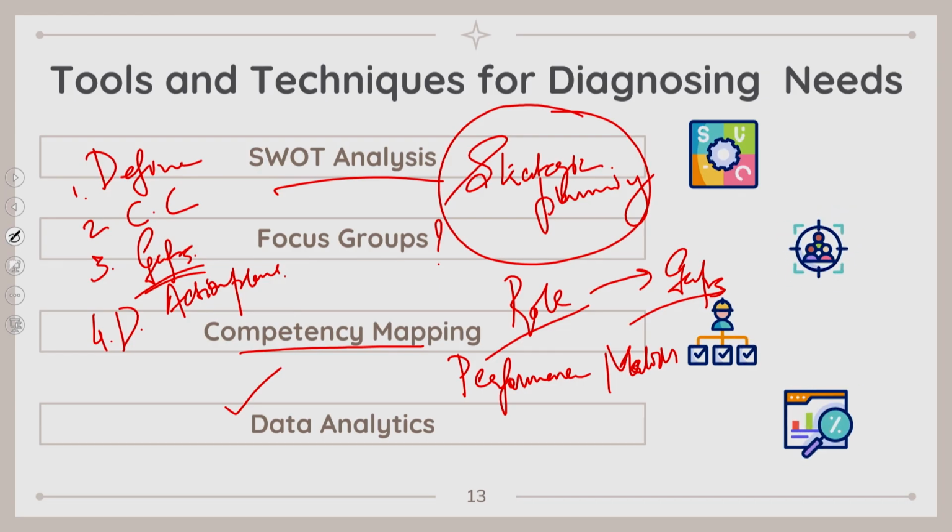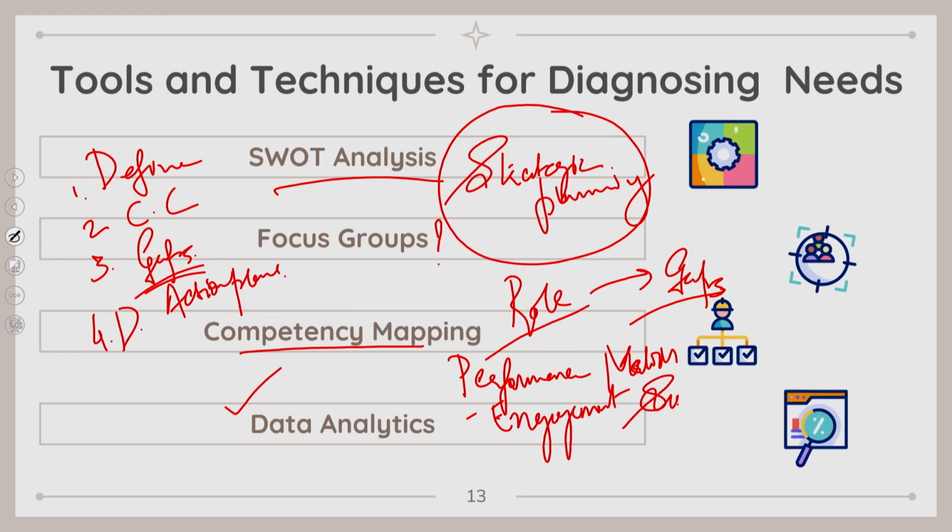Another significant tool might be engagement surveys. Engagement surveys analyze employee satisfaction and engagement levels. So, for example, low engagement scores in a department indicate potential morale or leadership issues.